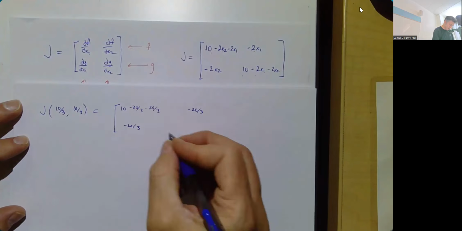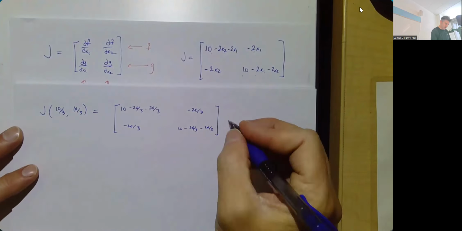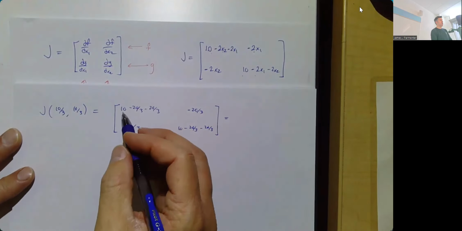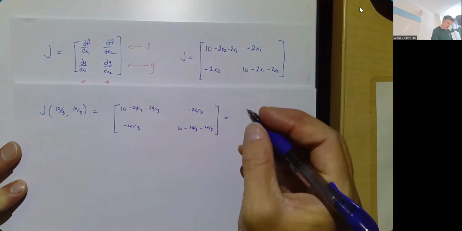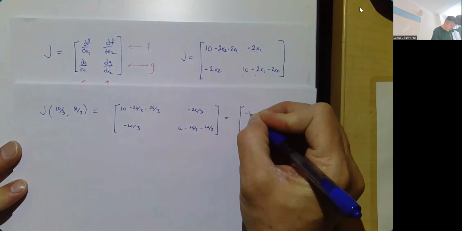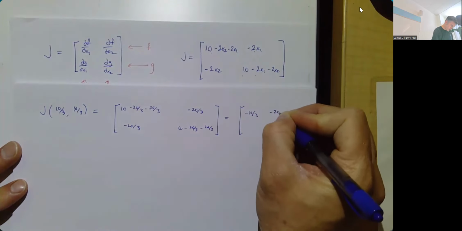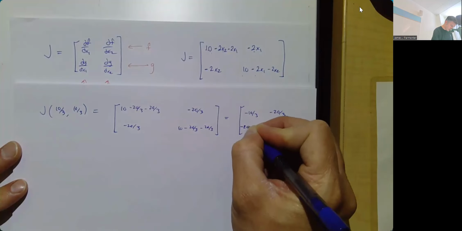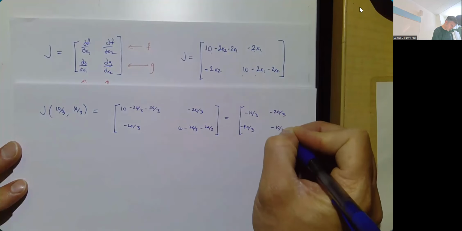And the same thing down there, 10 minus 20 thirds minus 20 thirds. Ugh. So that's going to equal, 10 is 30 thirds, so I have a minus 10 thirds, a minus 20 thirds, a minus 20 thirds, and a minus 10 thirds.